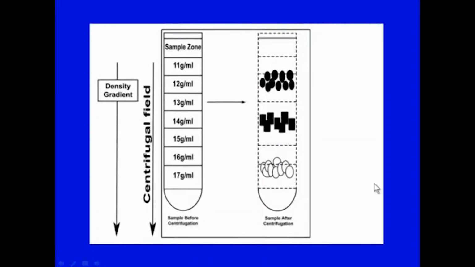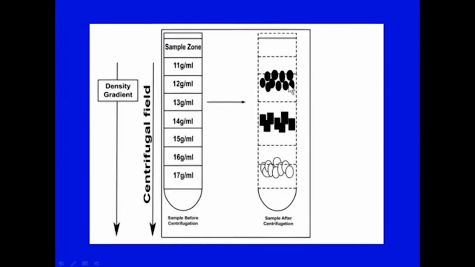Here it is shown very clearly that you have a density gradient, and you have a sample zone which is layered on top of the density gradient, and then centrifugation is performed for a particular period of time. Now, remember, this material should not be sedimenting or pelleting here, rather they should be separated in the liquid column only.